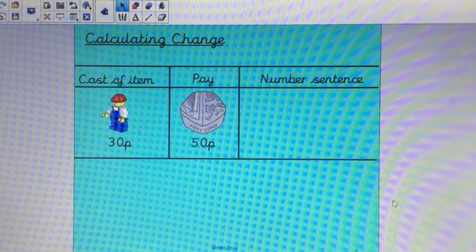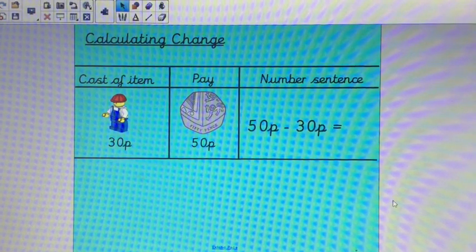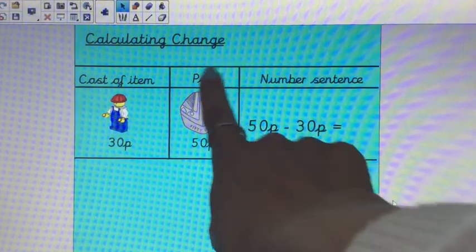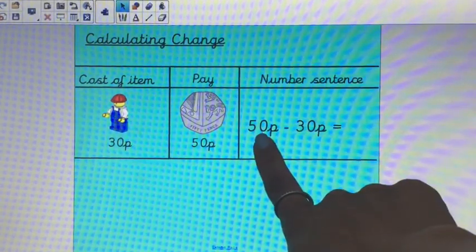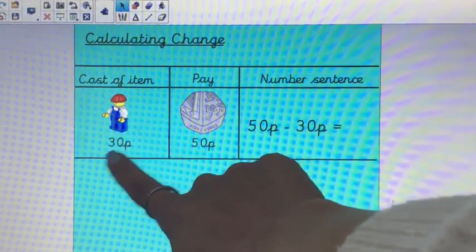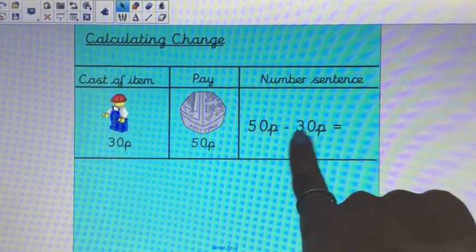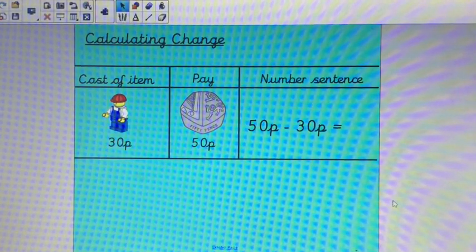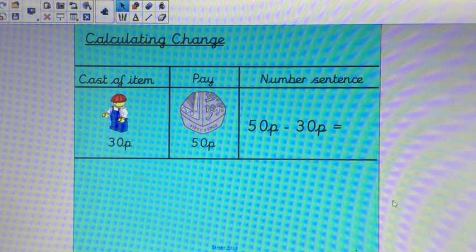My number sentence is going to be 50p take away 30p. Remember, it's the amount that we pay with, 50p, take away the cost of the item, which is 30p. 50 take away 30. So now I'd like you to work that out. What is 50p take away 30p?